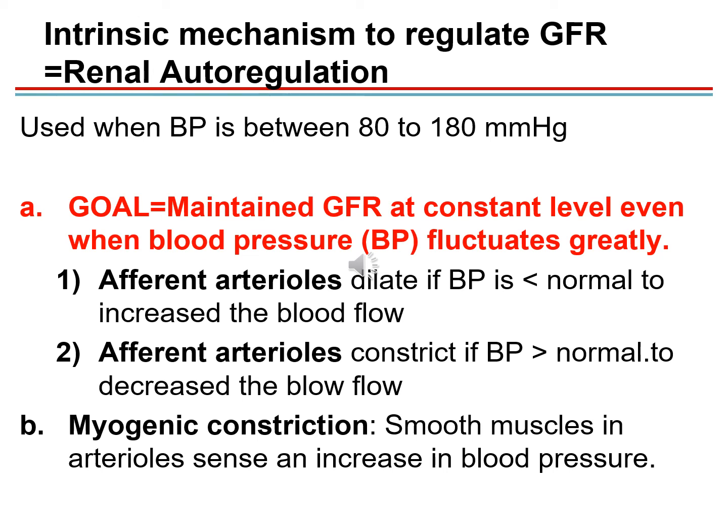Vasoconstriction of the arteriole reduces the blood flow and protects the glomerulus from filtering too many molecules, and also molecules that need to remain in the blood, like blood cells or proteins. This autoregulation is also called myogenic constriction, because the afferent arterioles are made of smooth muscle, like any other arteriole or vessel in our body. That's why it's called myogenic constriction.